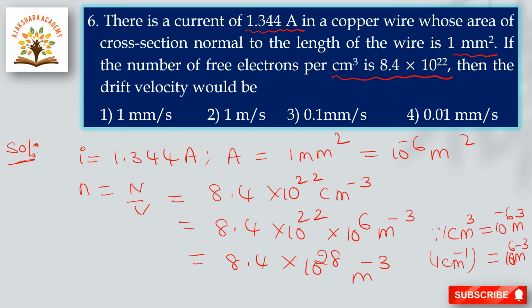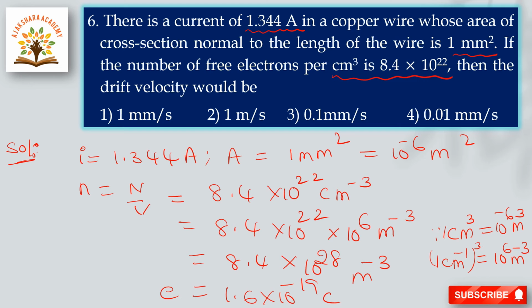Now charge of electron e is equal to 1.6 into 10 to the power of minus 19 coulombs.